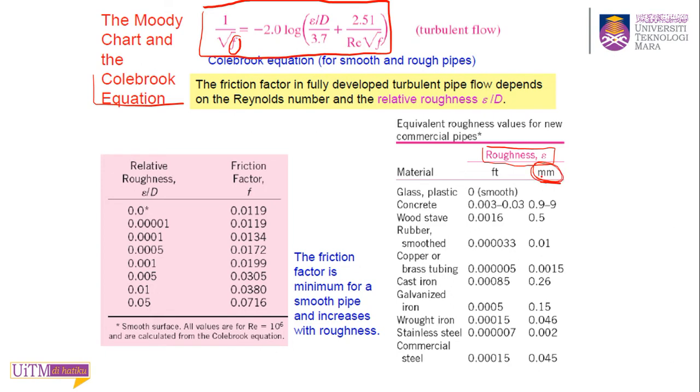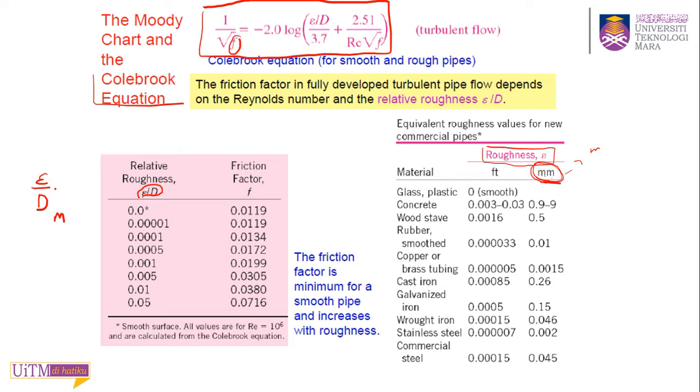The relative roughness, sigma over d, is the roughness over the diameter of the pipe. So if they give you the diameter of the pipe in meter, you need to change the roughness from millimeter to meter first, then you can calculate your relative roughness from this equation.